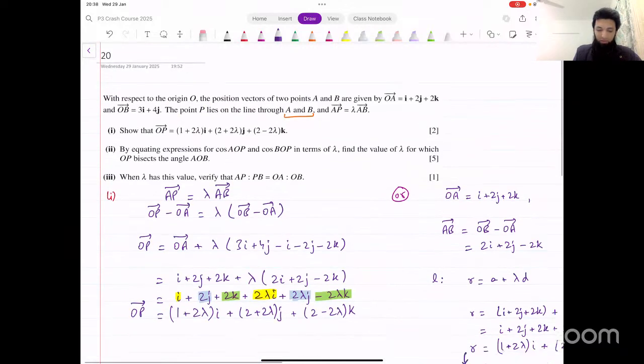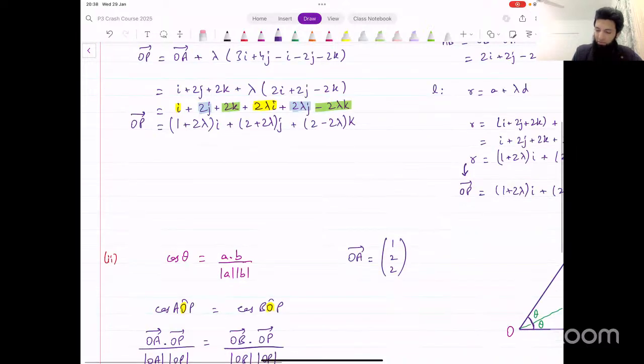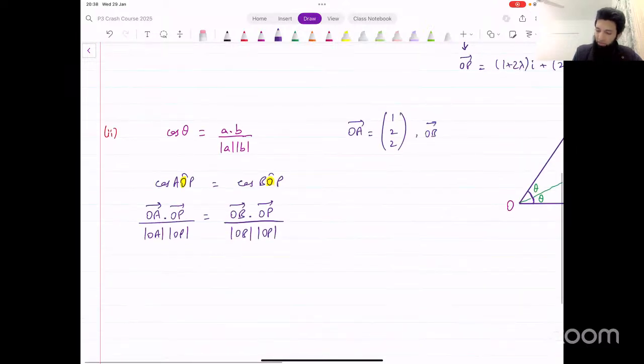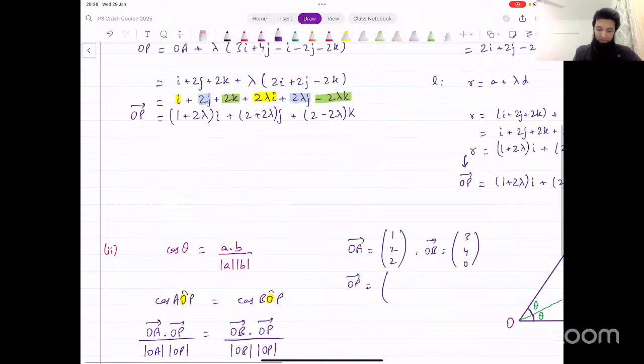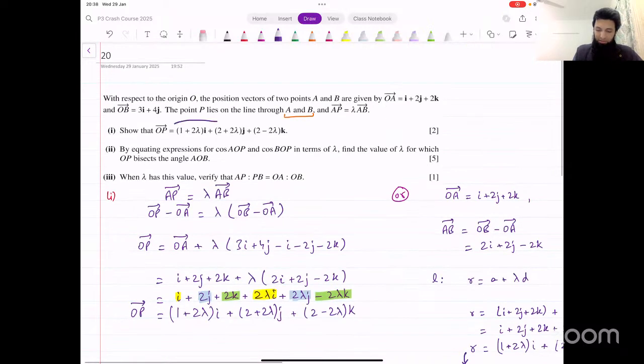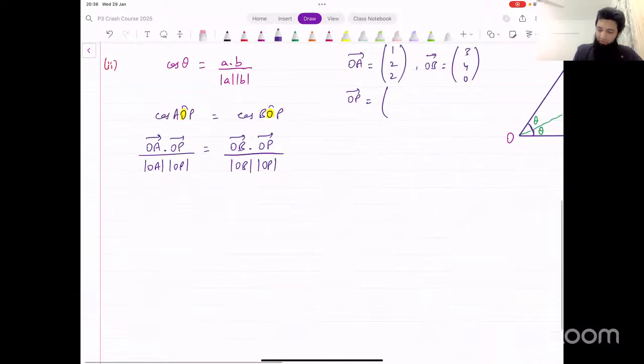That's the vector OA. OB is 3, 4, 0. And OP is this thing: 1 plus 2 lambda, 2 plus 2 lambda, 2 minus 2 lambda. That's the vector OP.